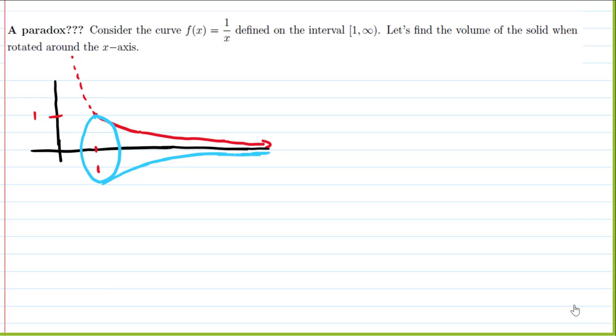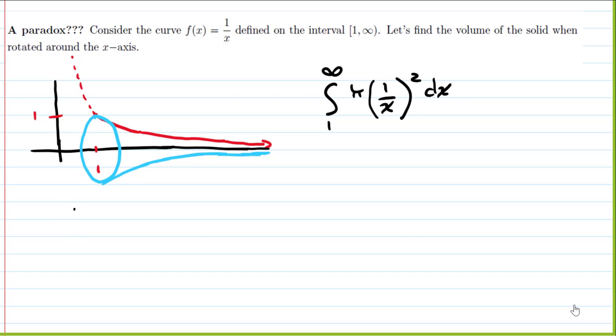So the volume, when we did that, we used the disk method, right? So the volume of each disk is going to be pi r squared times dx. So we're going to have the integral from 1 to infinity of pi times our radius, which is going to be 1 over x squared times its thickness, dx.